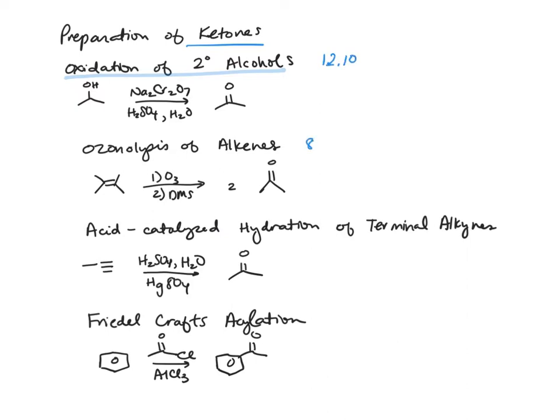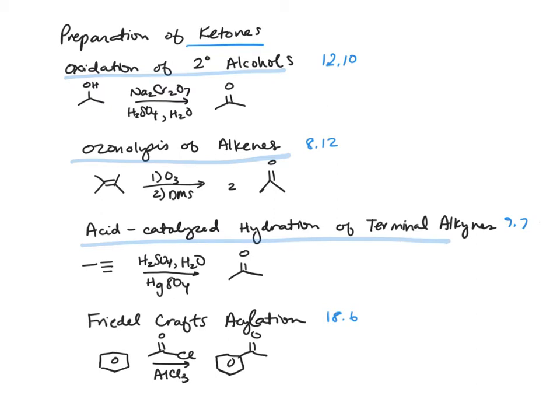We know that the ozonolysis of alkenes with ozone followed by dimethyl sulfide yields acetone. And then a third way to yield acetone from the starting material, the propyne, is the acid catalyzed hydration.